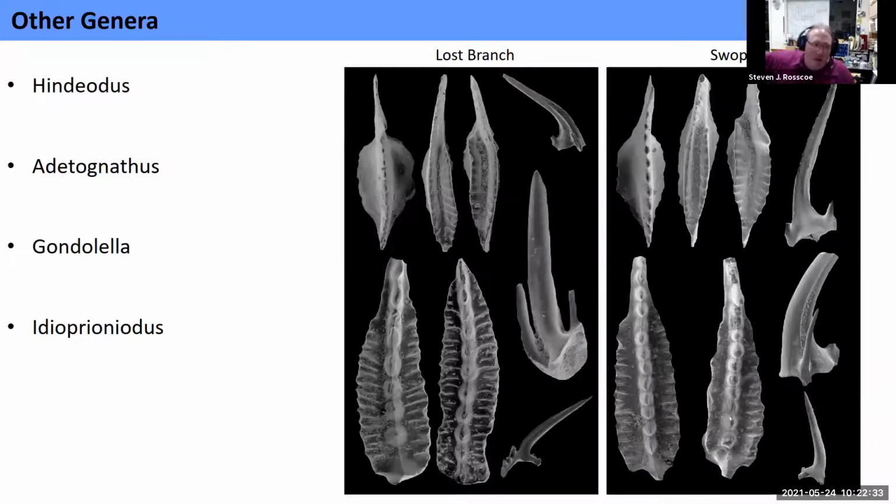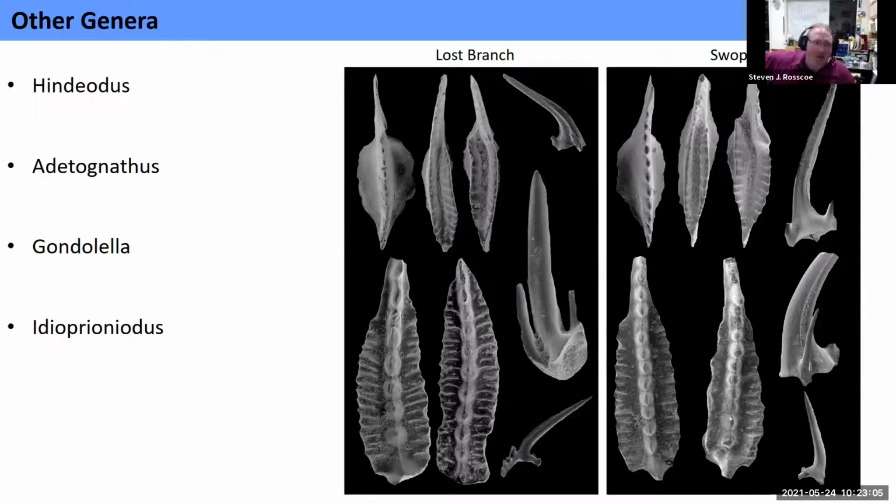There are several other genera that appear frequently, but none of them appear frequently enough to be biostratigraphically useful. Hyndiotis and Adetonathus and Idioprioniotis can be found in just about every cyclothem, but they're not very variable. So you can see the Hyndiotis specimen is the top left. Between the Lost Branch and the Swope here, a major cycle higher, you really don't see too much variability.